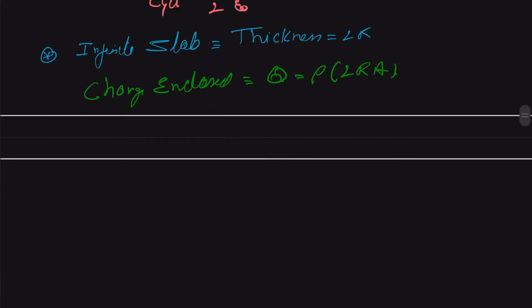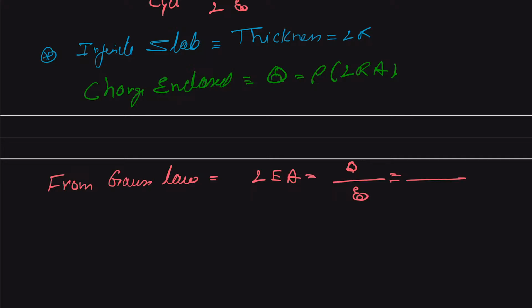And now we can write from Gauss law, 2EA will be equal to the charge enclosed upon epsilon naught. This comes as 2rA rho upon epsilon naught. Here 2 cancels with 2, and area goes by area.